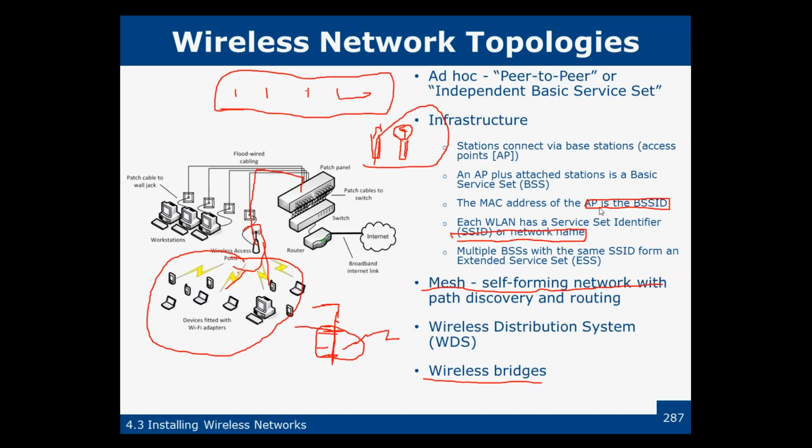What are the advantages of deploying a wireless mesh topology over an ad hoc one? Ad hoc just connects machine to machine, but the mesh does a lot of stuff, doesn't it?